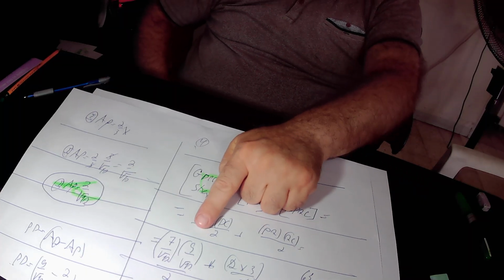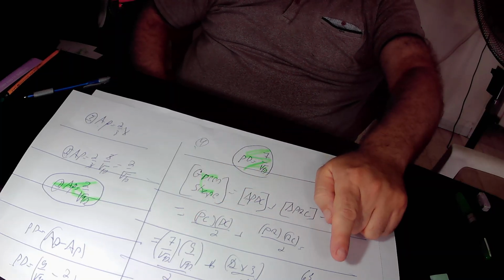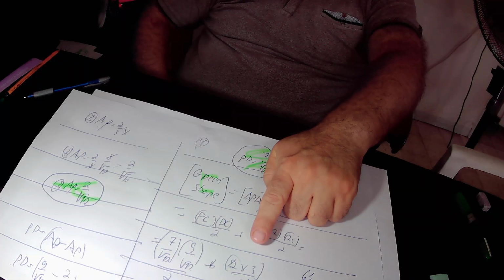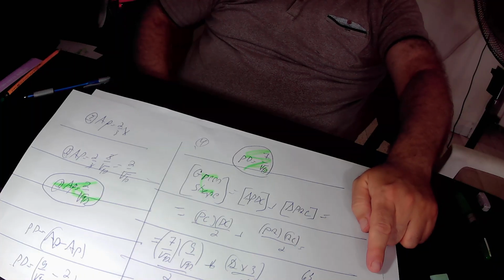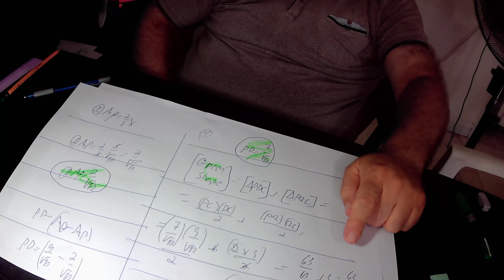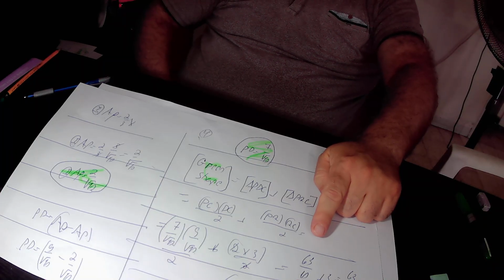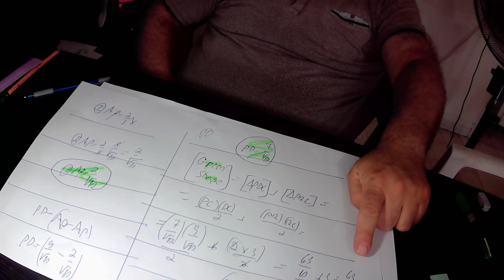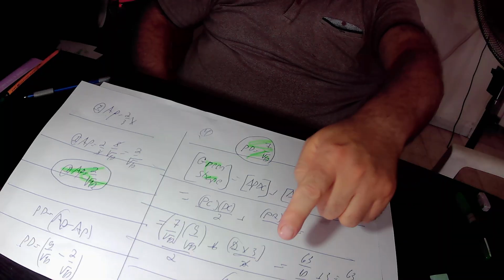What is the value of this expression? 7 times 9 is 63, square root of 10 times square root of 10 is 10, divided by 2. Here we have 2 in the numerator and 2 in the denominator, so 2 will get cancelled, and we are left only with 3. 63 over 10 over 2 equals 63 over 10 times 2, plus 3. 10 times 2 is 20, so in total this expression equals 63 over 20 plus 3.